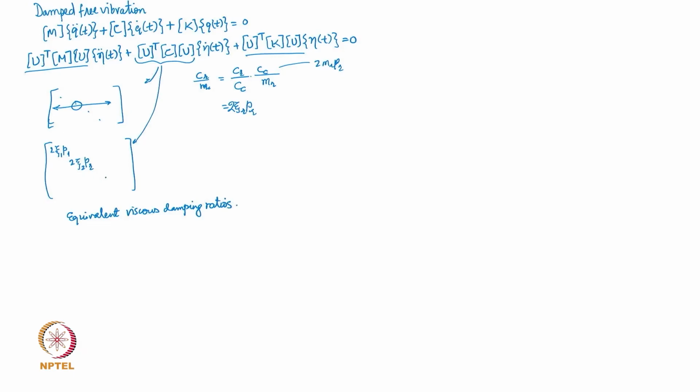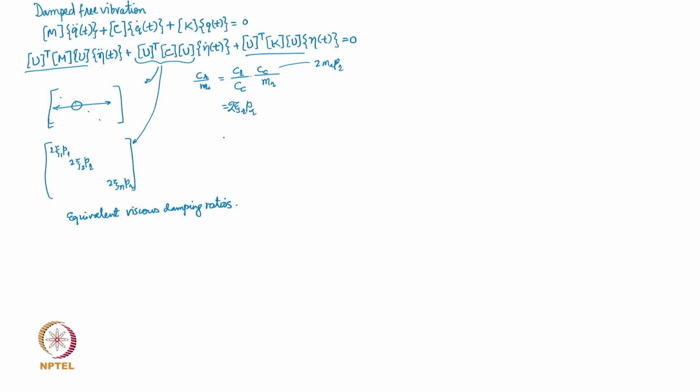So all these diagonal elements can be represented as modal damping ratios, and that is the way damping can be represented through modal damping.